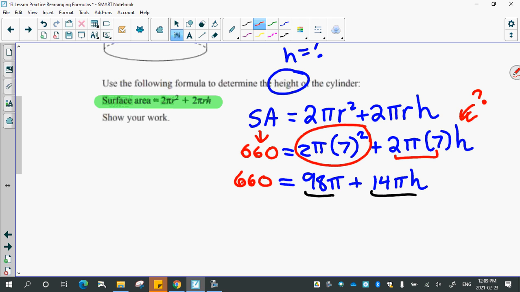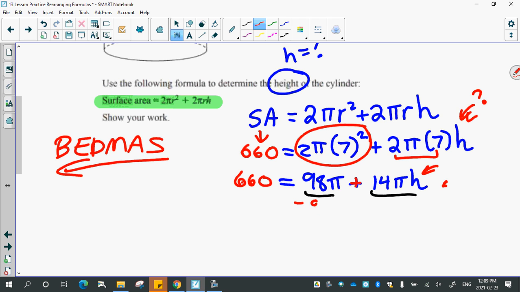Does anyone see, if we're trying to get H by itself and we're using reverse BEDMAS, is there any adding or subtracting on the term that has H? Yes, there's a big plus sign right here. So what's adding to the term that has H in it? 98 pi? So can I subtract 98 pi?